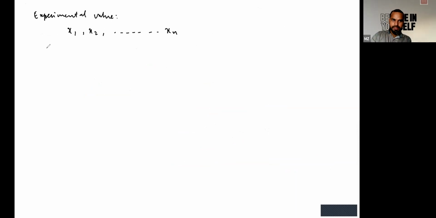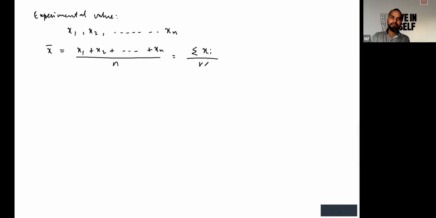So from this data, first of all, just take the mean of all observations. So it will be x1 plus x2 plus so on to xn, divide by number of observation n, or we may write it as summation xi divided by n. This is nothing but mean value or average value. In terms of calculation, it is called as true value.